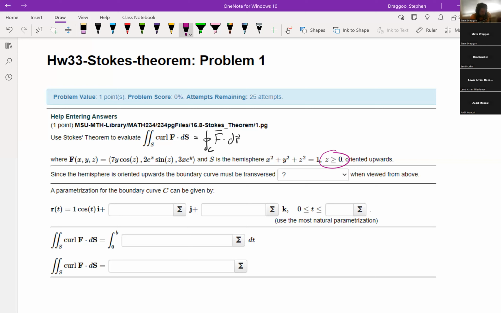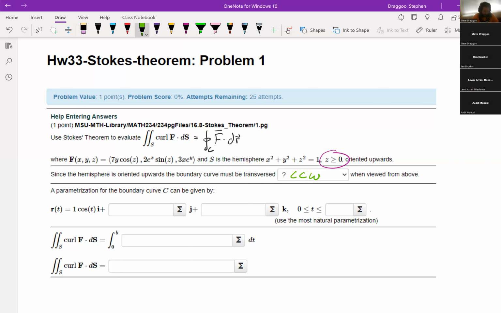Anytime we want to apply the theorem directly, the theorem is going to be assuming a positive orientation. So if we want to use the theorem, we just need to make sure that we've got our positive orientation going on. If we're viewing this thing from above, the positive orientation for traversing a curve is counterclockwise.